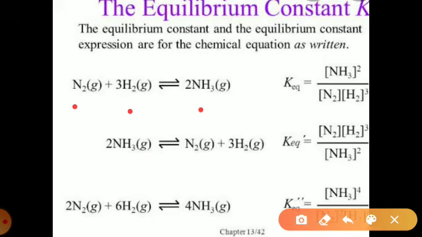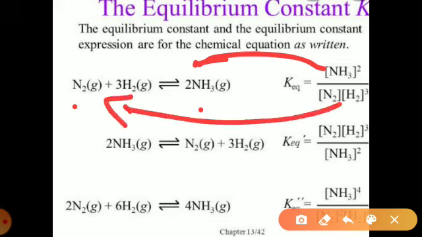The forward arrow means reactants forming products, and the reverse arrow means products forming reactants. So the Kc expression is equal to product upon reactant. This is the product and this is the reactant. And this 3 is the number of moles, which becomes a power, same as here.